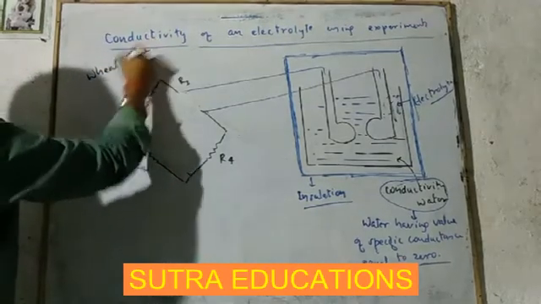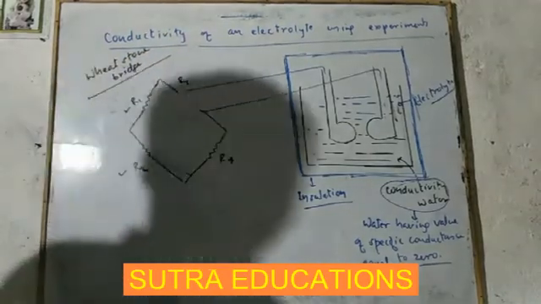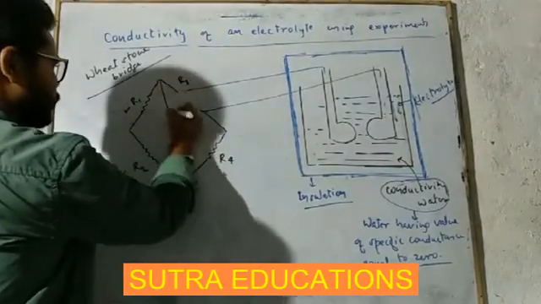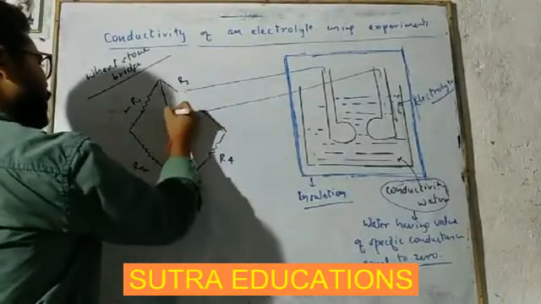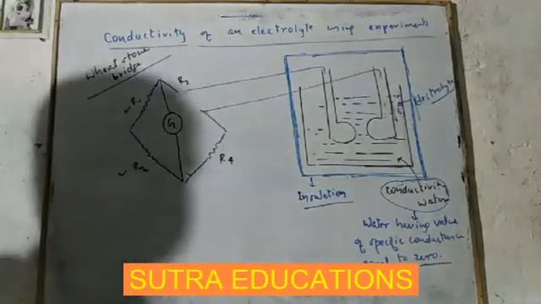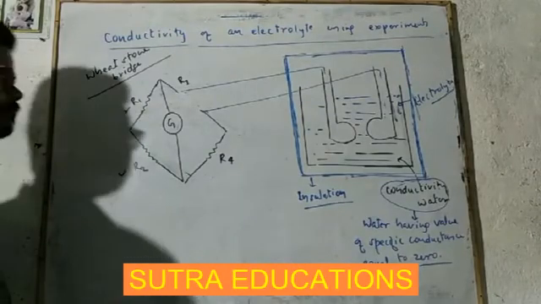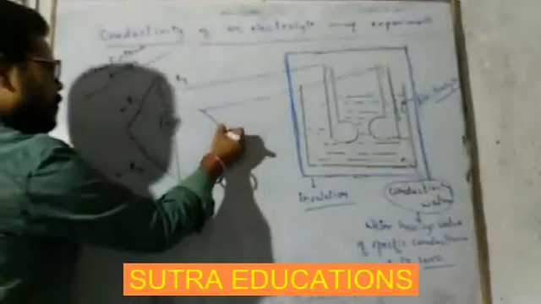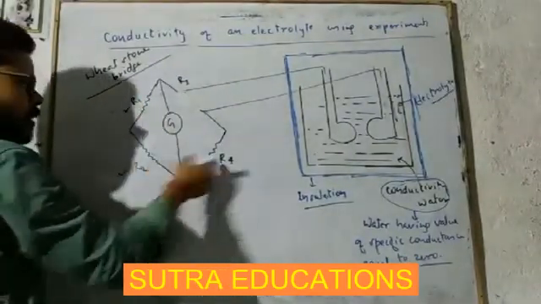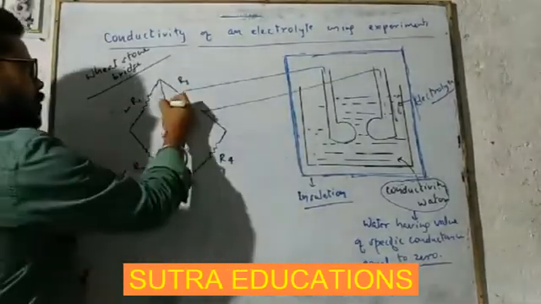And this is the Wheatstone bridge. In this Wheatstone bridge there is one galvanometer in this section. We can adjust the values of R1, R2, and R4 so that the current flowing through this galvanometer will be 0.